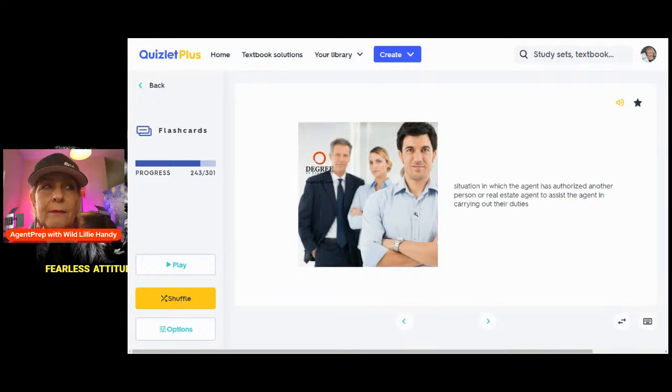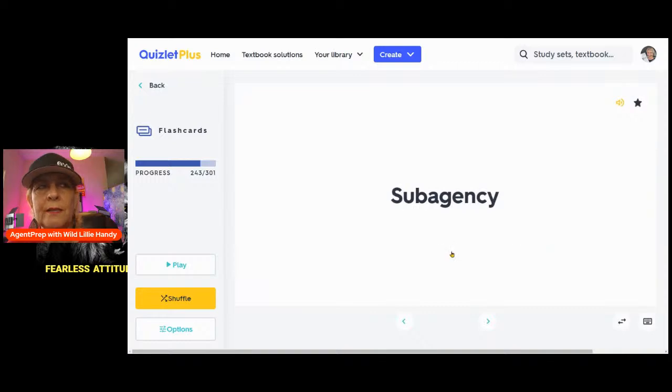This sub-agent has to provide the fiduciary duties to the original owner, and that real estate agent or broker. So it's a situation where the agent has authorized another person or real estate agent to assist the agent in carrying out their duties. So it's an interesting definition compared to what we deal with in a contract, right?